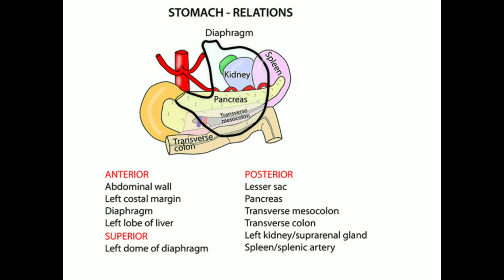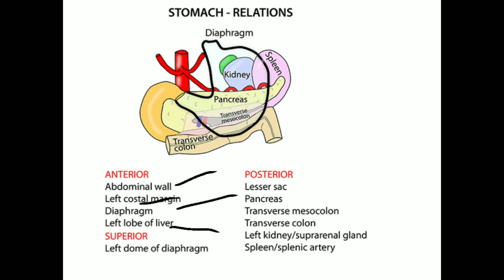The anterior relation of the stomach: it is related to the anterior abdominal wall, left costal margin, diaphragm and left lobe of the liver. Superiorly it is related to the left dome of the diaphragm.